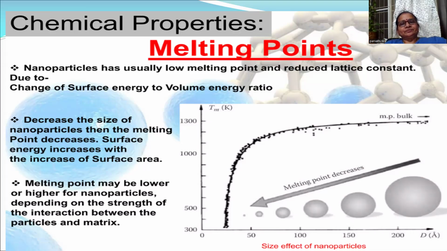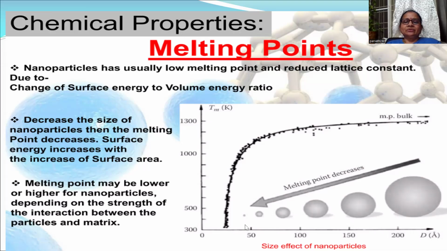In contrast, bulk material needs more energy or power to melt, whereas for nano it is not that much required. So low melting point means less energy is required to melt. The size effect of a nanoparticle is that the melting point decreases. If you observe, this is a bigger circle at 200 angstroms diameter, then this is 150 and this is 100.